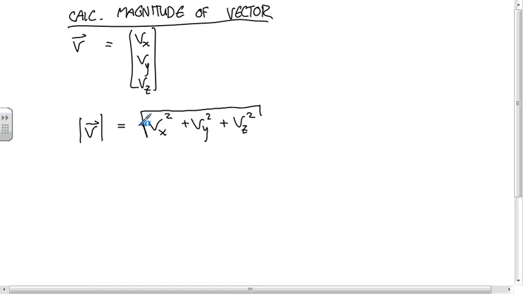And the TI-89 has a built-in function for this called norm. So you just do norm of, let's say we have one that's 3, negative 4, these should be semicolons, 0.